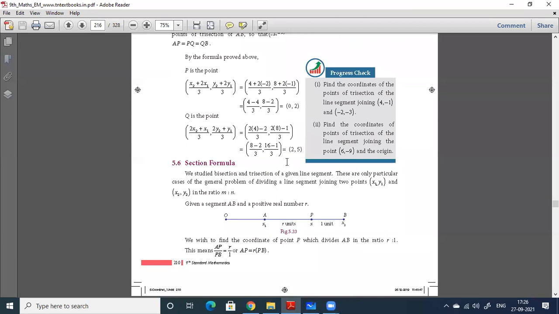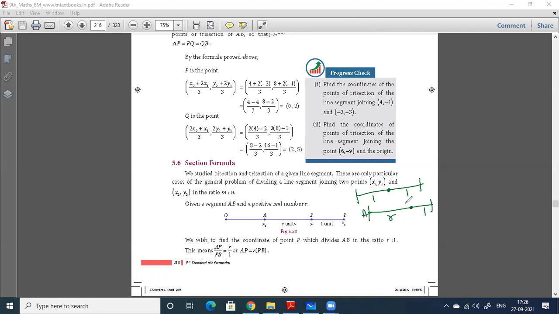We studied bisection, where you got the midpoint, which is 1:1. Instead of that, you take anything, make it r is to 1. This is slightly more complex.